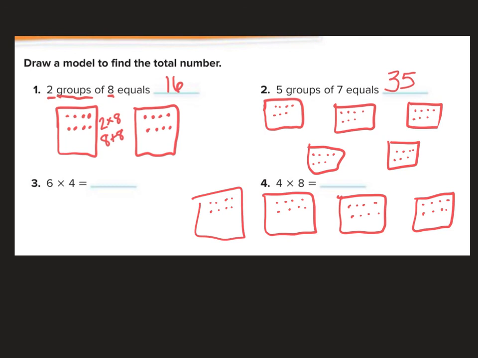And then I could do, this would be kind of interesting, let's skip count by 2s. Ready? 2, 4, 6, 8, 10, 12, 14, 16, 18, 20, 22, 24, 26, 28, 30, 32. So the answer is 32.